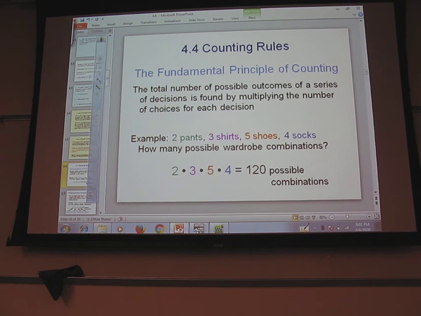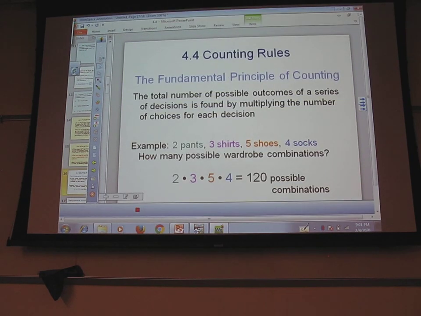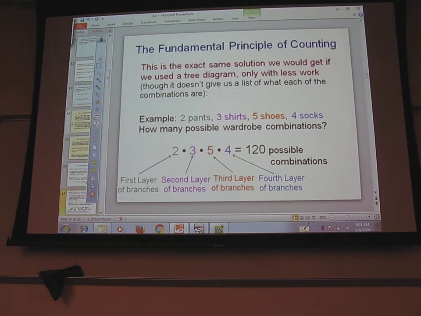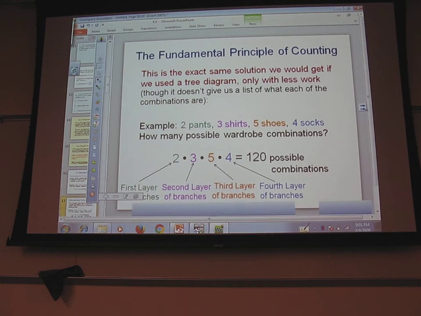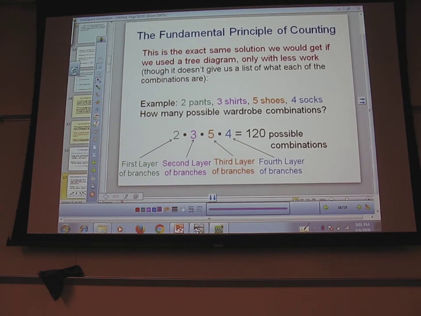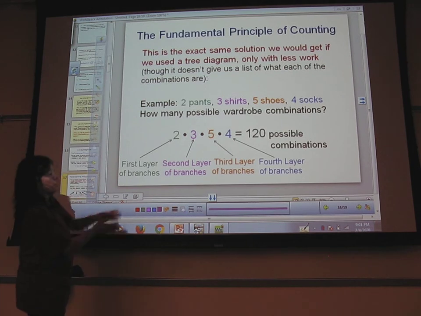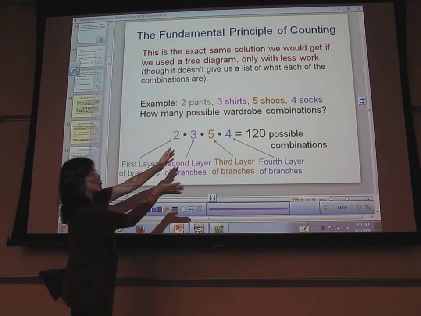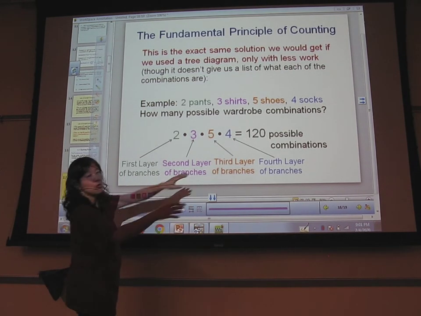This is the exact same thing we would get if we were drawing a tree. Only if you drew a tree diagram, it would take a lot more work. Right? So the first layer of branches would be pants, the second layer would be shirts, and the third layer would be shoes.